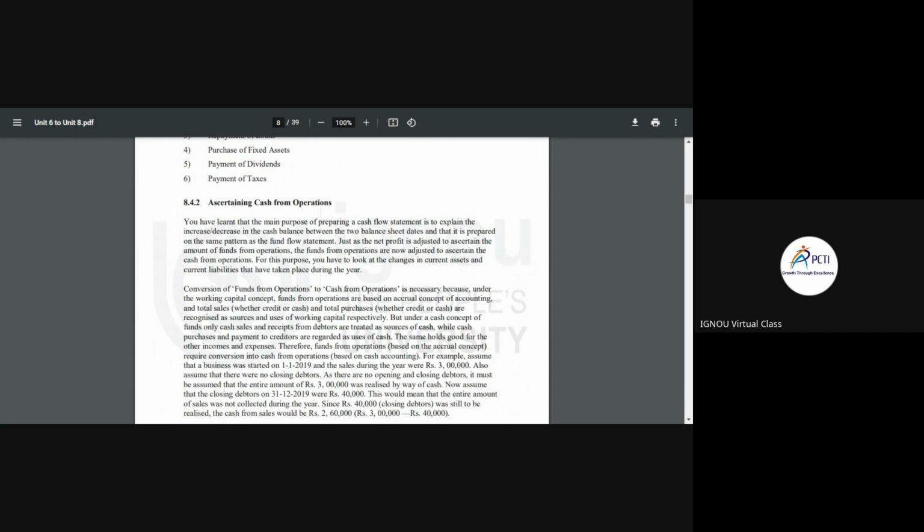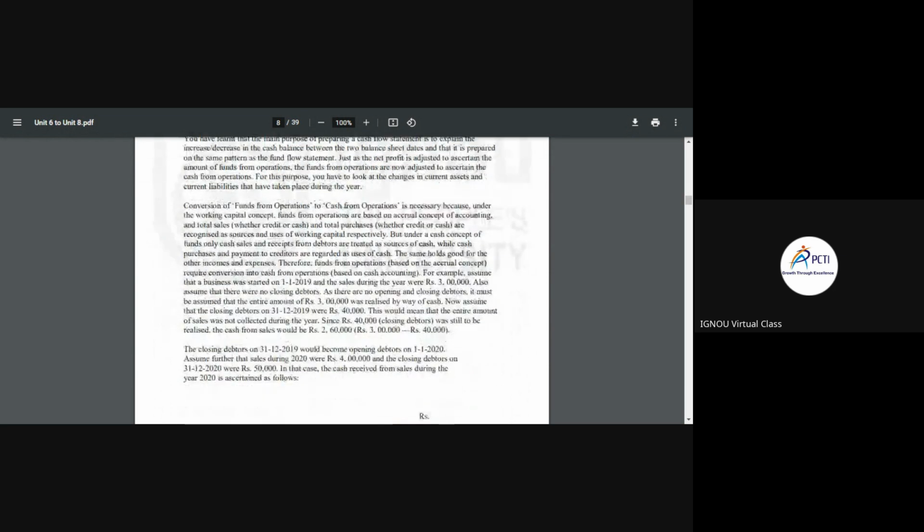Converting funds from operations to cash from operations is necessary because funds from operations show the working capital. Operations are based on the accrual concept of accounting, so total sales and total purchases are also recognized as sources and uses of working capital.